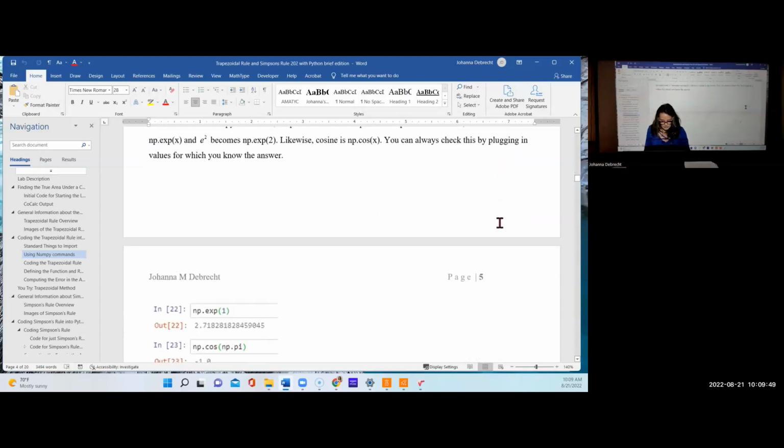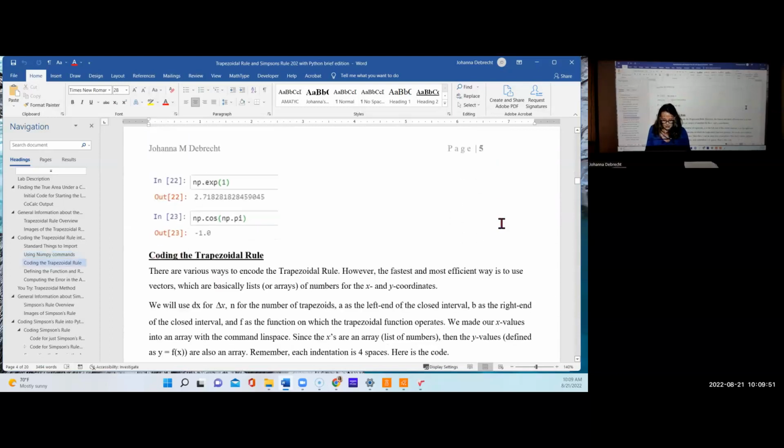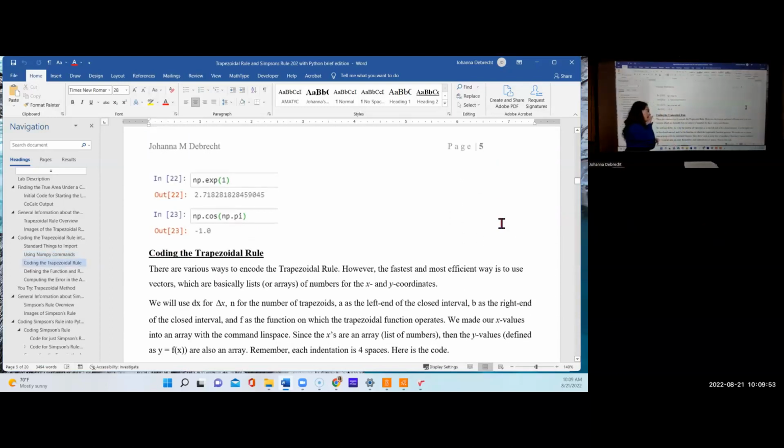So let's take a look now at what that would look like if we put that in. You'll see right here that I've executed 2 test cases. I did np.exp of 1, and you'll see that it did give me the value of the exponential number, Euler's number, the natural number. And the second one, you'll notice that I tested the value of cosine of pi, and you'll notice that pi itself is another NumPy command.